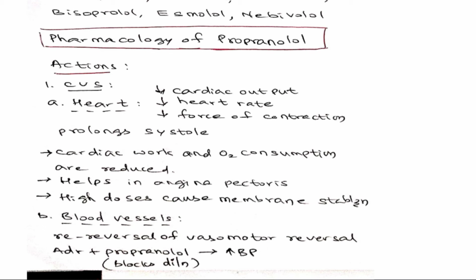But due to blockade of beta receptors with propranolol, adrenergic activities are increased, leading to an increase in blood pressure. So, the blood pressure rise caused by adrenaline is enhanced when you administer propranolol.